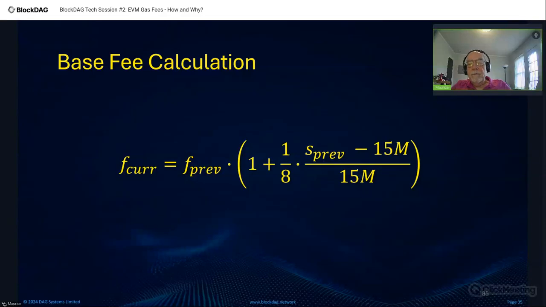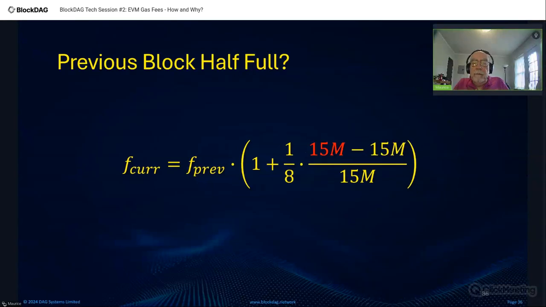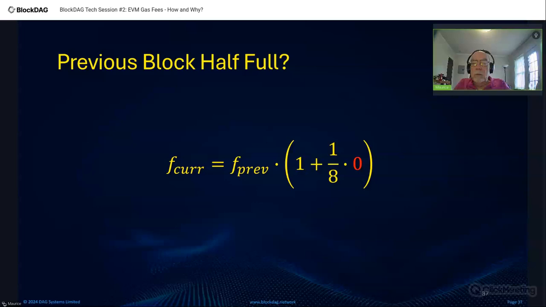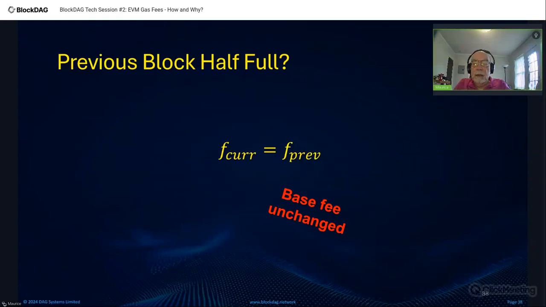This is the formula that tells you how the base fee changes from one block to another block. If the previous block was half full, in other words, if things were in an ideal state where we had exactly the amount of gas that we wanted, then that term becomes zero, and the base fee is unchanged, which is what we want.